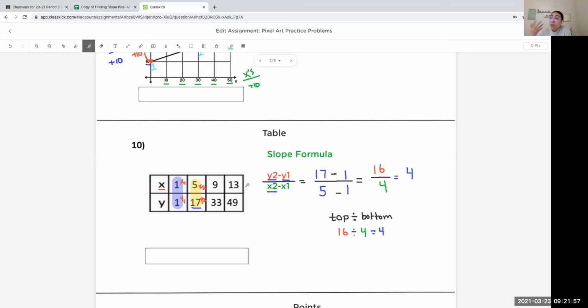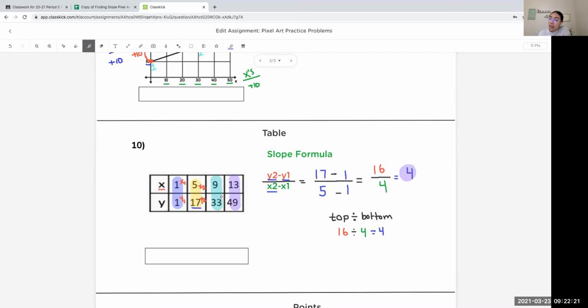If I wanted to take up more of your time, I would give you another example and show you how if I picked this one as my first pair and this one here as my second pair, which again, they're bigger numbers. But what's so interesting is that we still get the same slope of 4 if I do these.